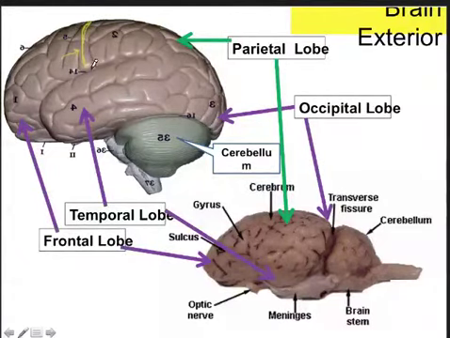This little ridge here, the motor cortex, sits right in front of this little groove right here, which is called the central sulcus. So let me draw a line right across the central sulcus there. And then there's a groove of tissue right behind it, which is called the sensory cortex. I'll draw another line here.